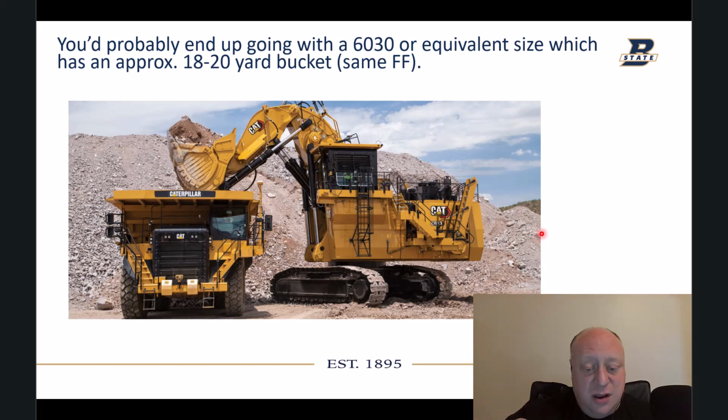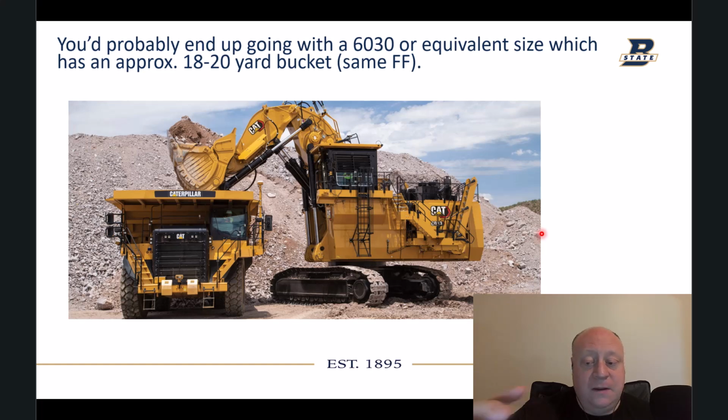So this is much more likely what you're going to use because of the bench restrictions, right? In this case, you're going to be a bit oversized for the Northern Reserve and kind of undersized for the Southern Reserve, based on that highwall miner production rate.